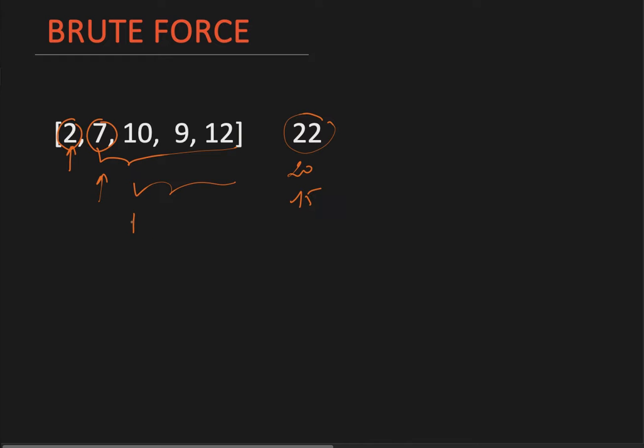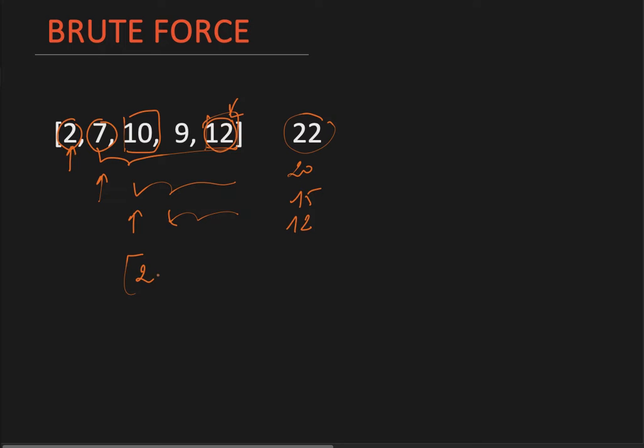So I need to move to the next number. And I need to subtract 10 from 20, so 10... 12 is the one I'm looking for. Is there any 12 here? 9 is not equal to 12, but I find my 12. So actually the solution is 10 and 12. And as I said, I must return their indices.